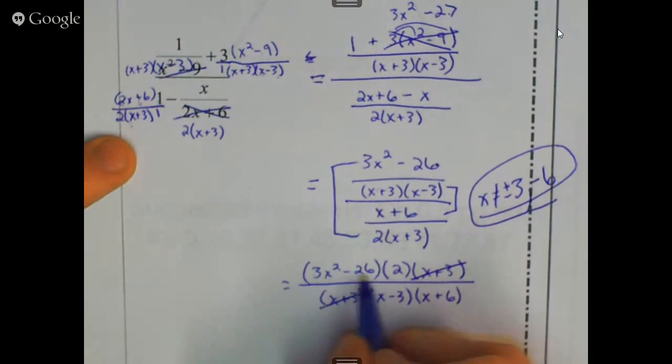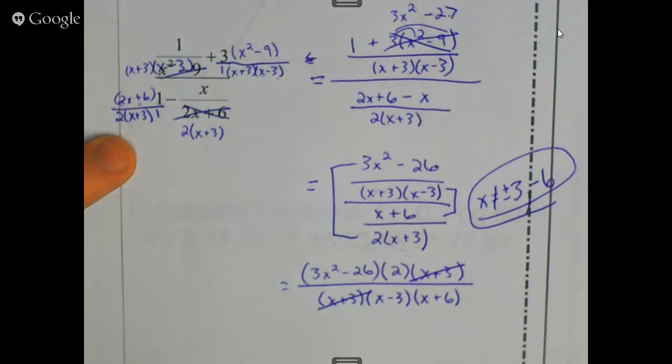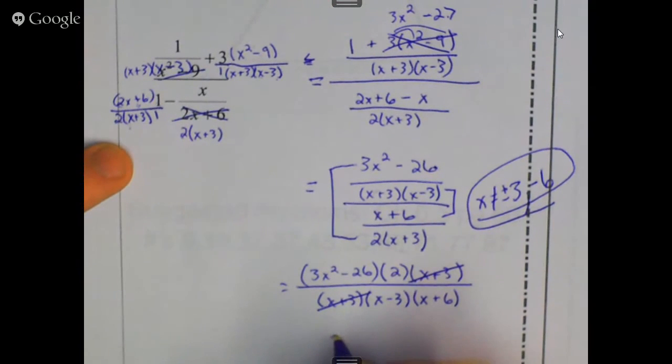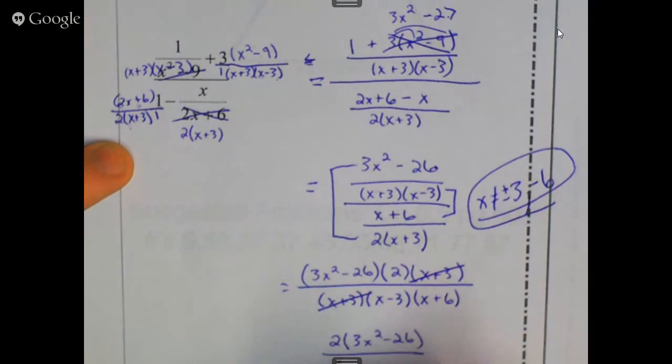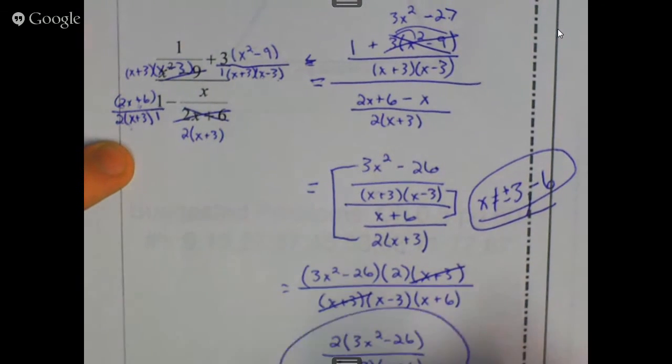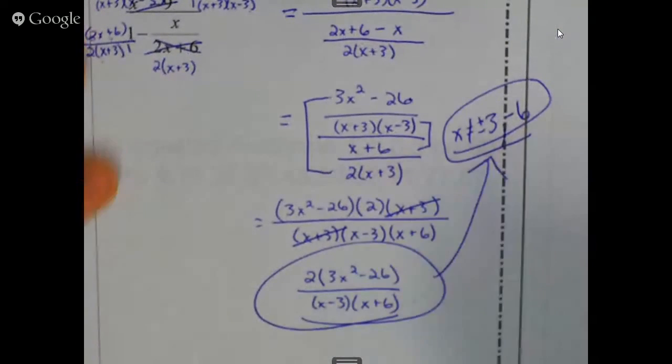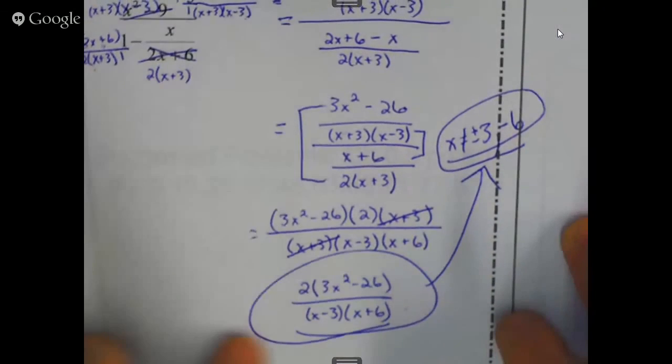I cannot factor this one anymore. Okay. So it looks like we're done. So we've got 3x squared minus 26, over x minus 3, x plus 6. And that is our solution along with that one.